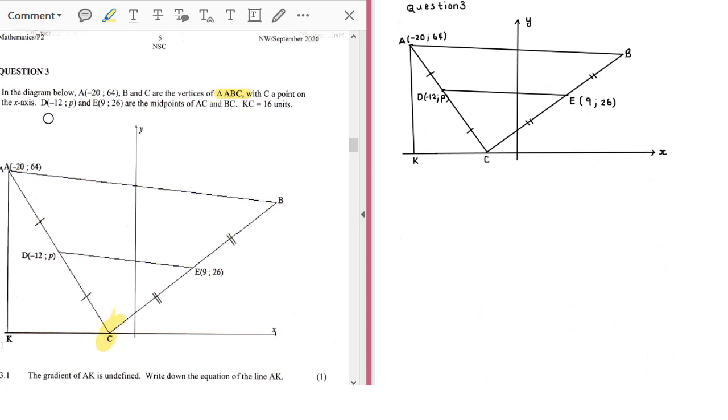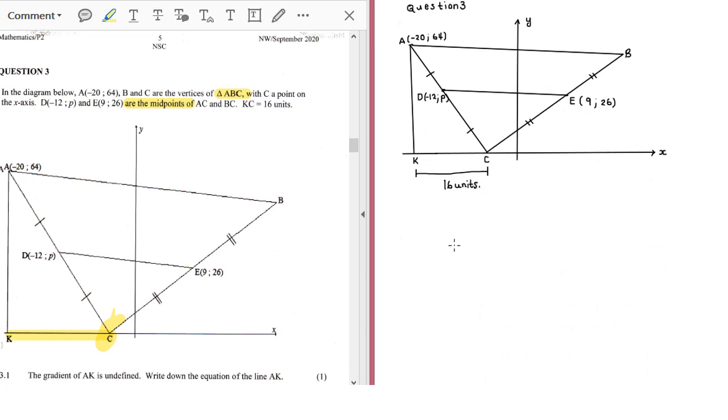We have that D is the point (-12, P) and E is the point (9, 26). These two are the midpoints of the two line segments AC and BC. We also have that KC is equals to 16 units. So this distance KC is equals to 16 units. Let's put that in over here. That is 16 units.